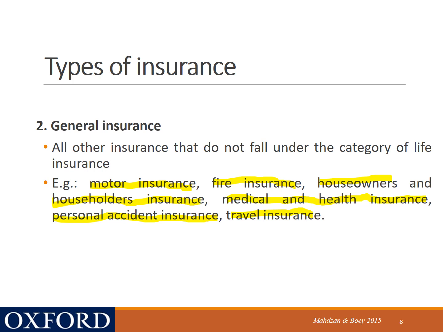That is death due to an accident only, whereas life insurance, from the previous slide, can be death caused by any factor, so not only accident but illness or sudden death.